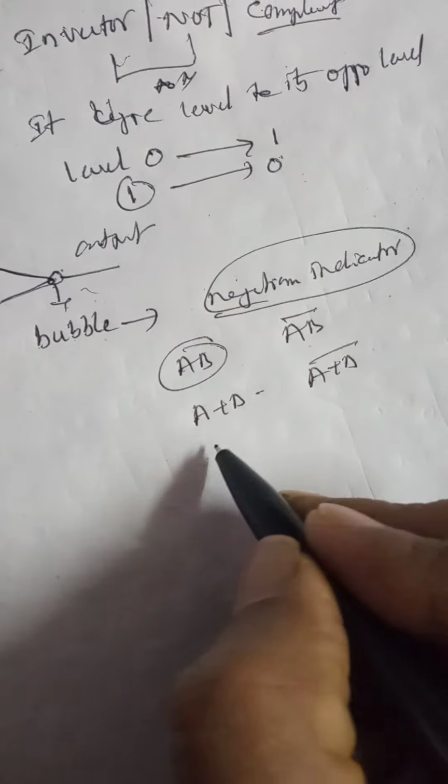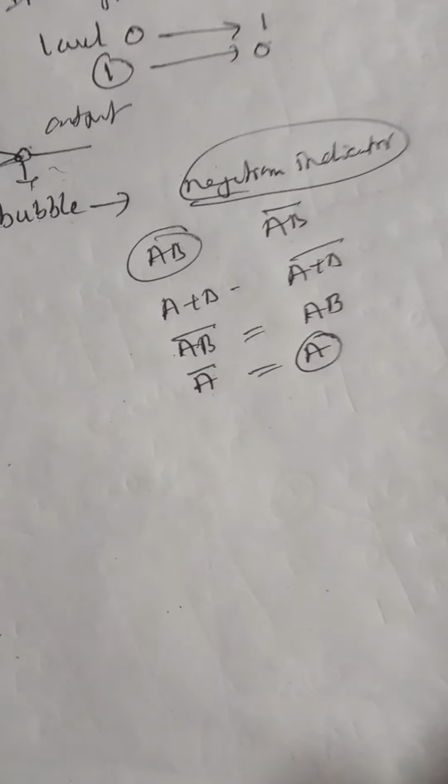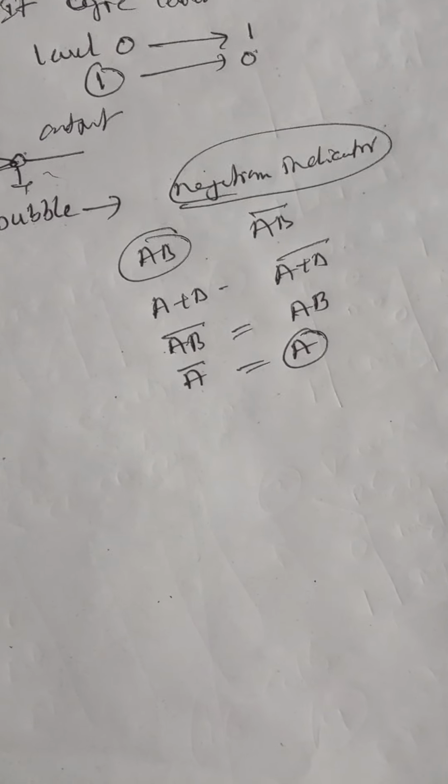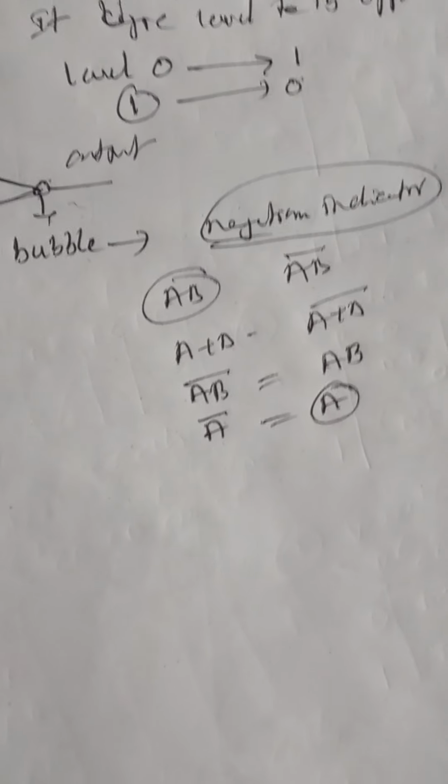Suppose if the output is AB bar, then what you have to write? AB. Suppose if the output is A bar, what we have to write? Output is A. Simply it changes its original state to the opposite level, right? Here the bubble at the output is nothing but a negation indicator.